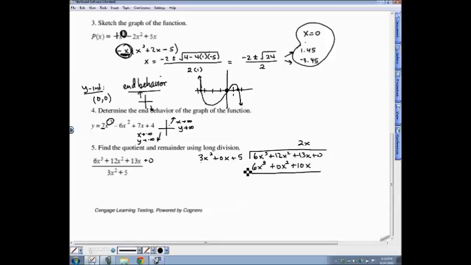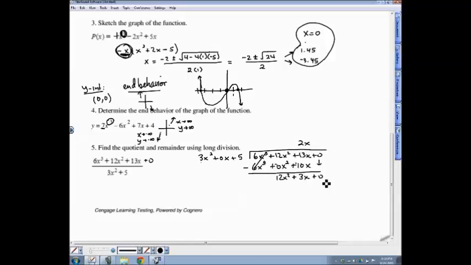The phrase I like to use is draw the line, change the signs, change all the signs. First terms cancel. 12x squared minus 0x squared is 12x squared. 13x plus negative 10x is 3x.